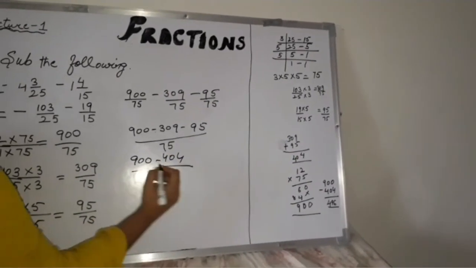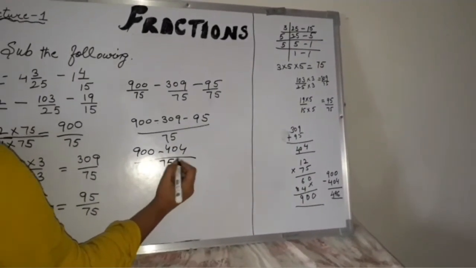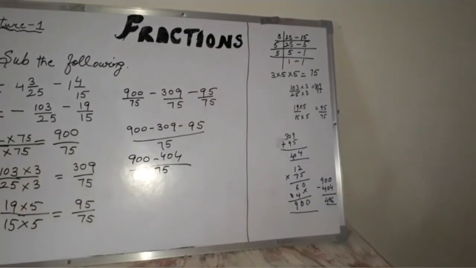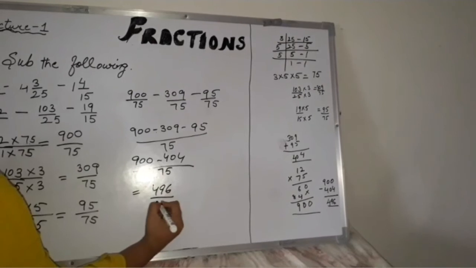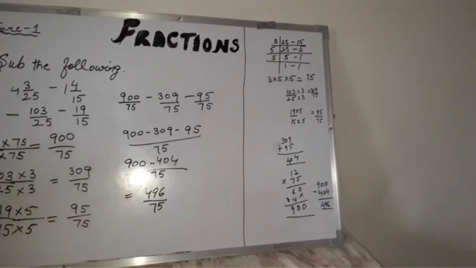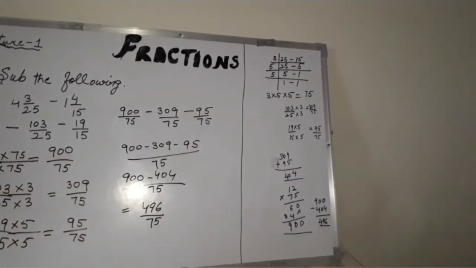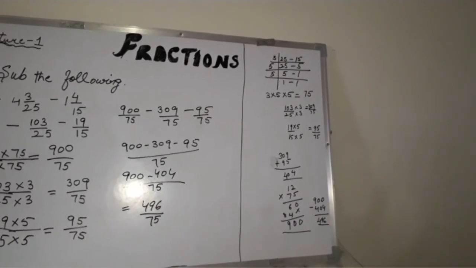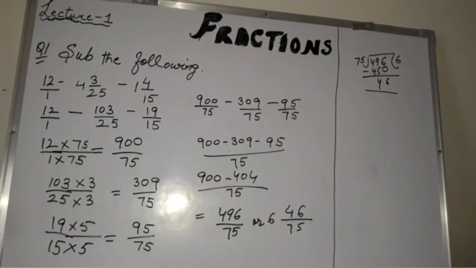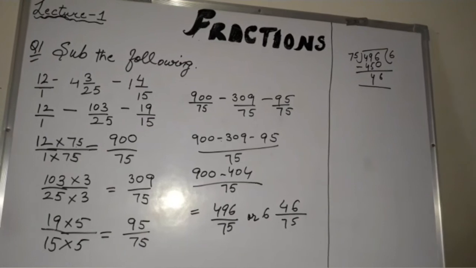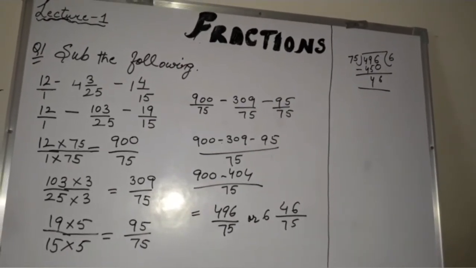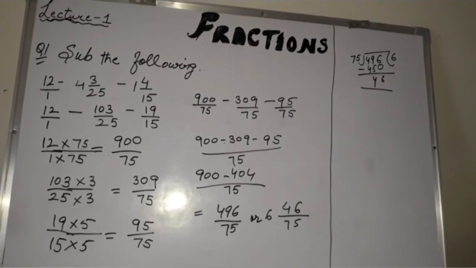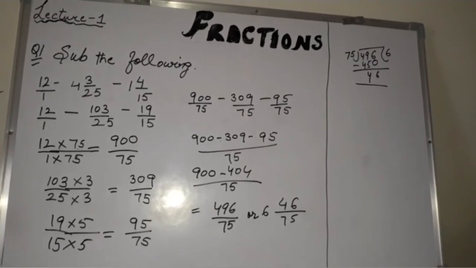So I have to subtract 404 from 900, and on subtracting I get 496 upon 75. This is an improper fraction, and now I convert it into a mixed fraction. On dividing 496 by 75, you can see my division on the board, I get 6 46 upon 75 as the mixed fraction.